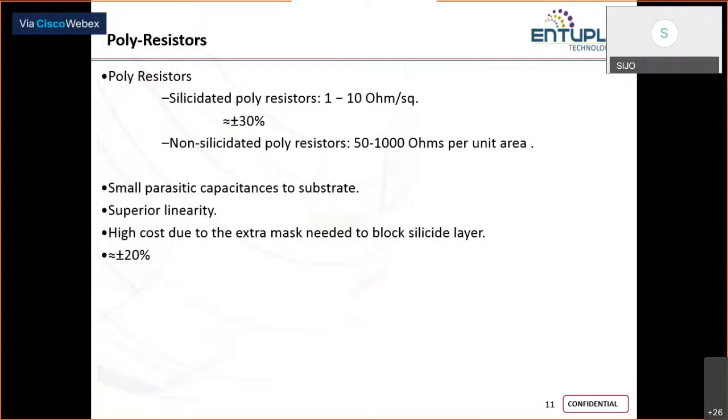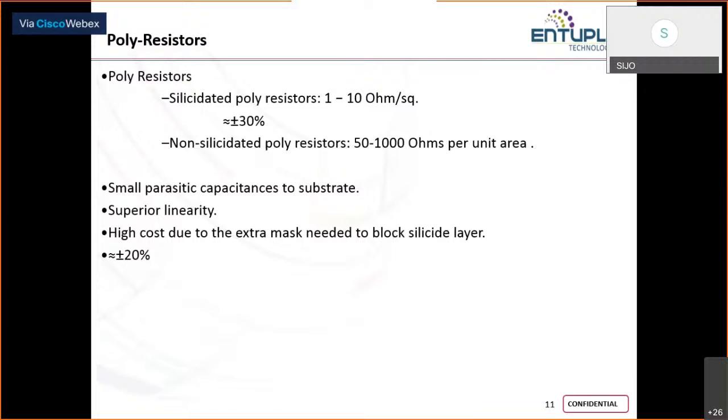That will help you reduce the area. We also have silicided poly resistors, which have less sheet resistance compared to non-silicided poly resistors. And regarding accuracy, all the resistors you fabricate in the foundry are not ideal. There can be variations, which is what we specify as a tolerance limit here.